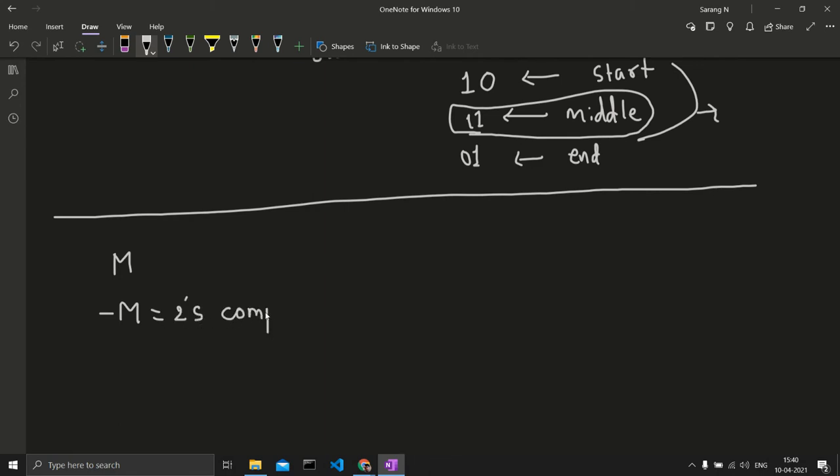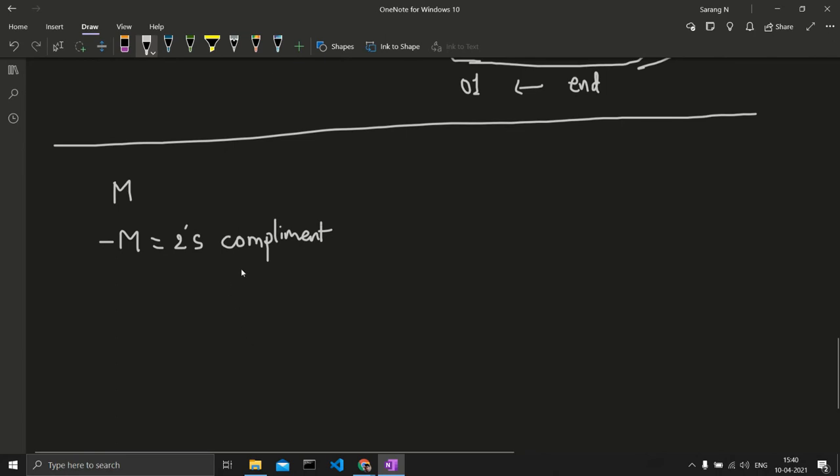We'll discuss why 2's complement is easier. That is just an implementation detail. You can also use 1's complement, but you have to take care of the final answers. We'll use 2's complement here, and you need to have another number r because you have to multiply m times r.